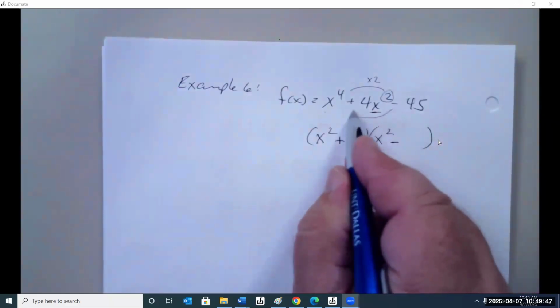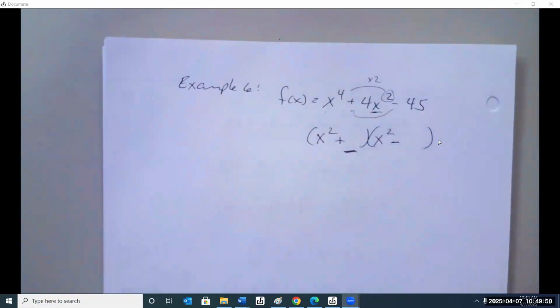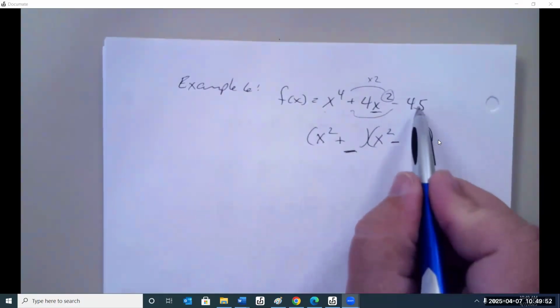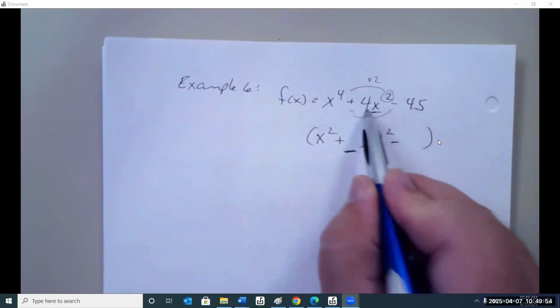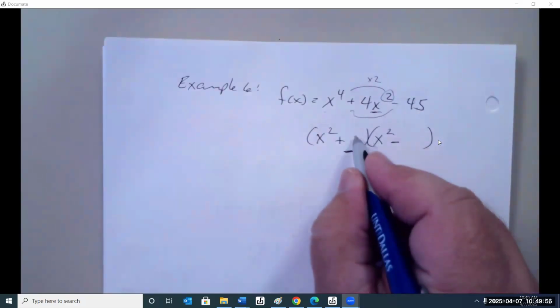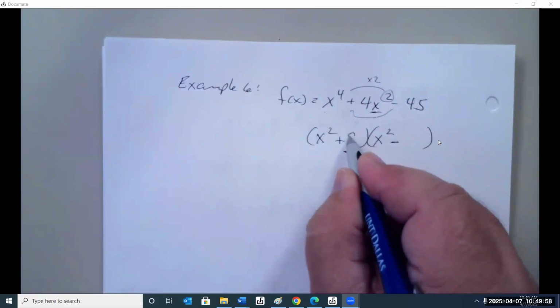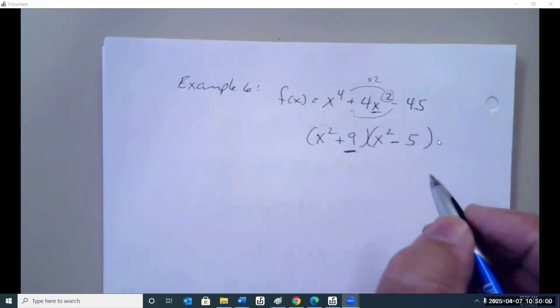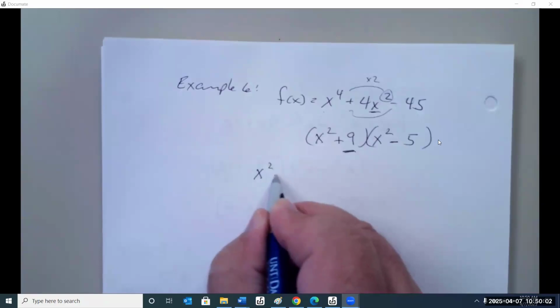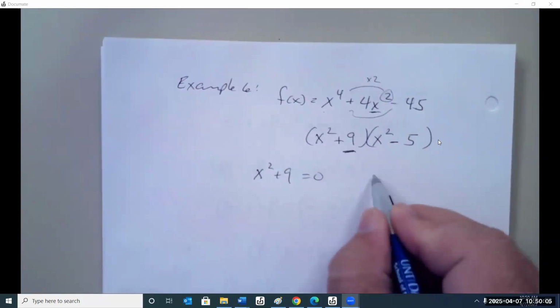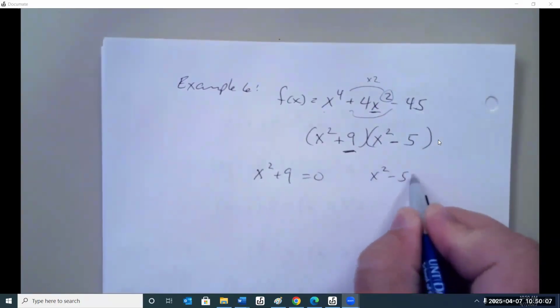And the bigger number is positive. So what times what is 45? When you subtract them, you get 4. There you go. So we set both of these equal to 0.